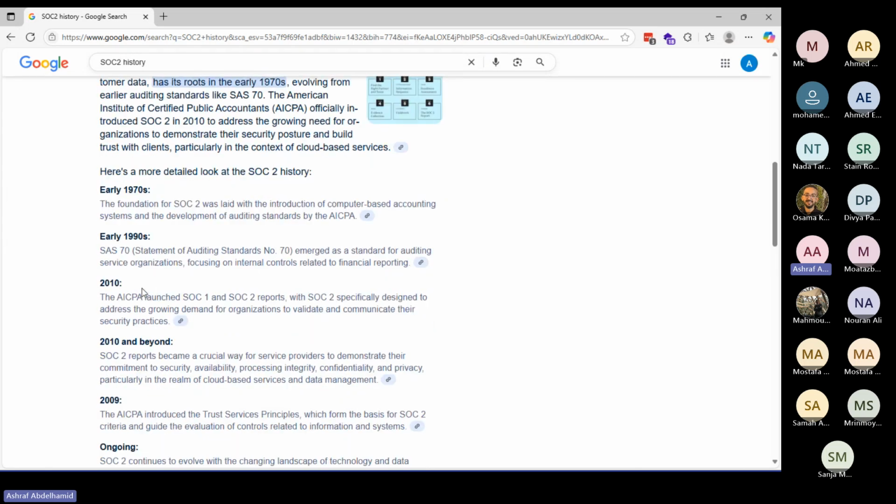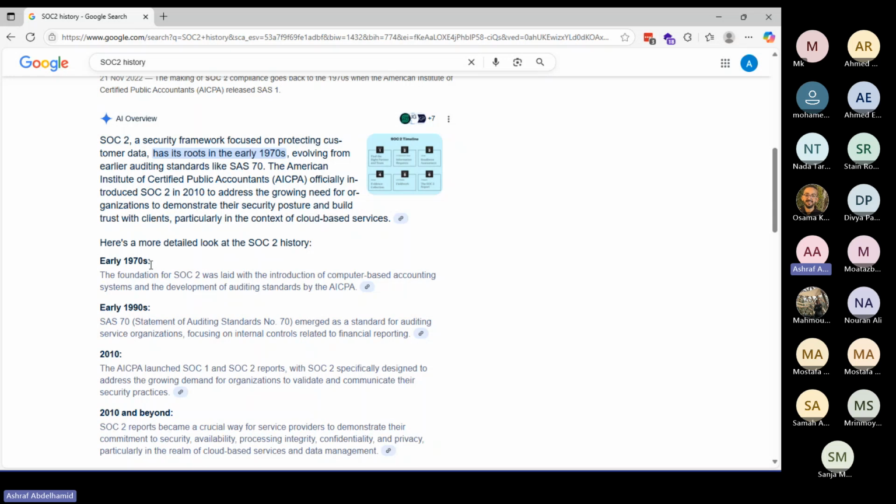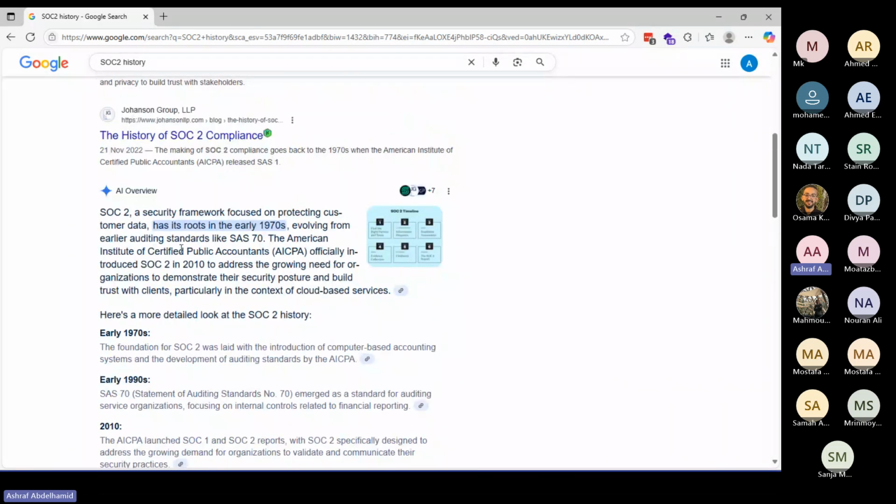The beginning of SOC 2 was from AICPA, the American Institute of Certified Public Accountants, and the beginning was SOC 1. The focus of SOC 1 is on the financial aspect of organizations, to give credibility to the financial aspect in the organization. SOC 1 is provided according to AICPA.